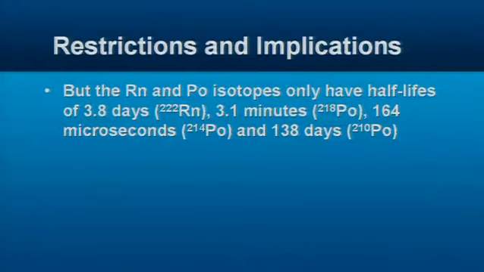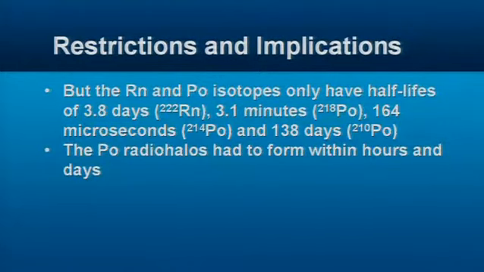Again, radon has only a short half-life of 3.8 days, so the whole process has to be extremely rapid, which implies that the transport of the polonium and radon, and the formation of the polonium radiohalos, had to occur within hours to days.